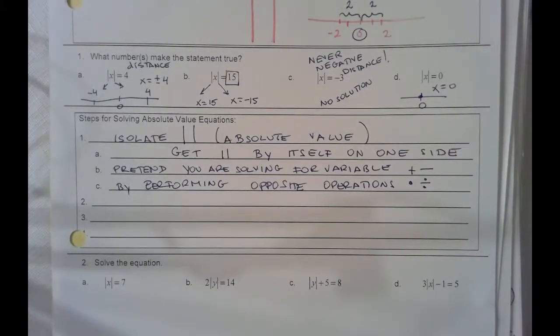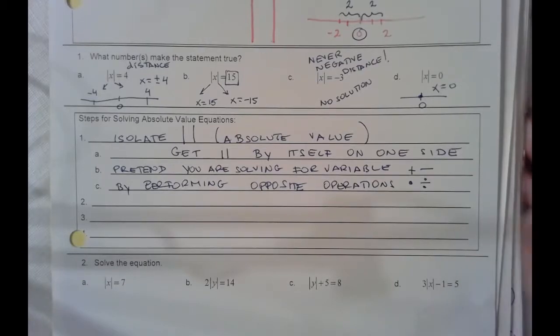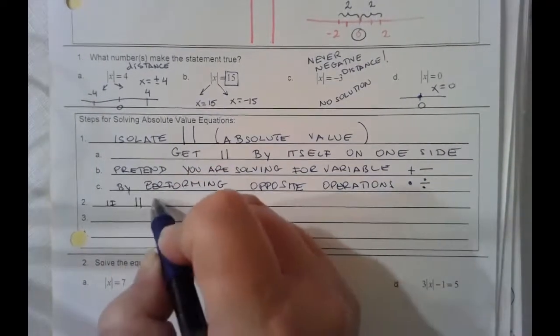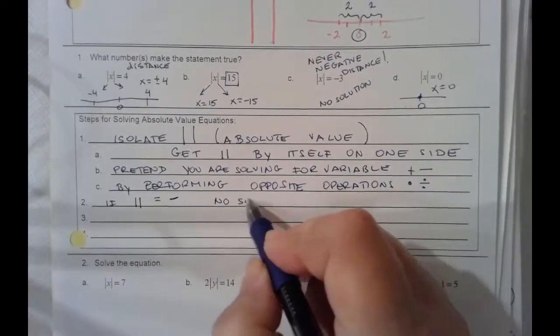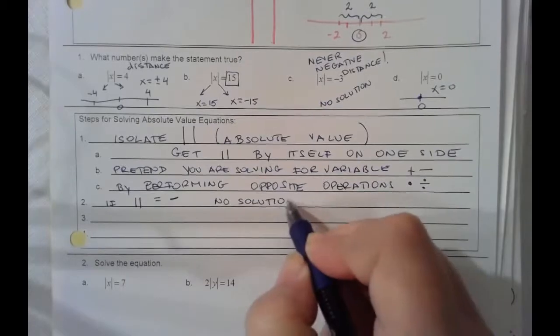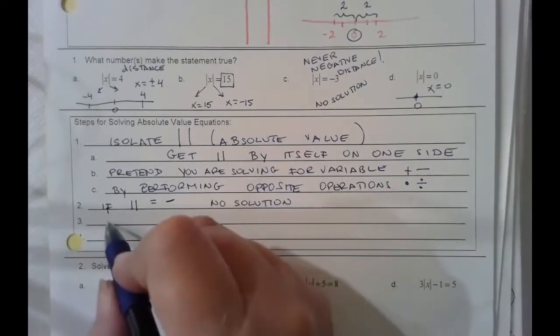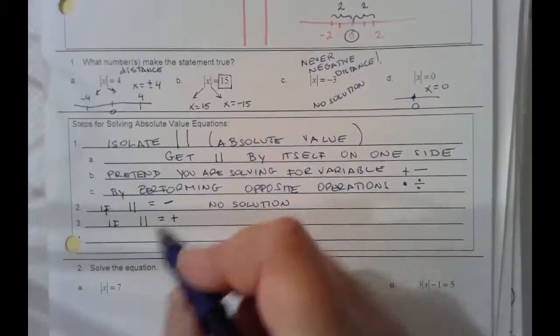The second thing is, once you get the absolute value by itself, if the absolute value is equal to a negative, then you have no solution. And if you have the absolute value equal to some positive number, you open the gates.